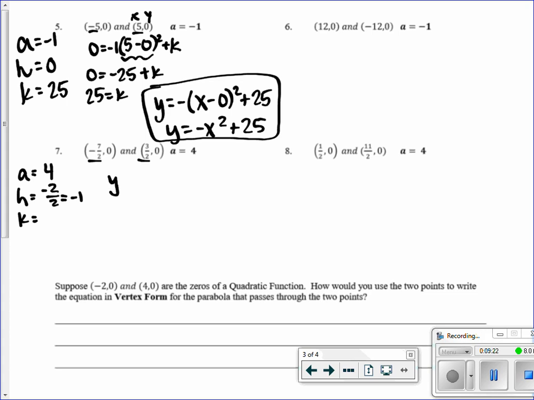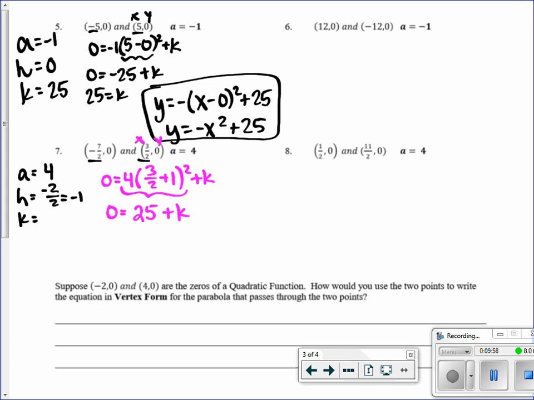So if we pick an X and a Y value, 0 equals 4 times (3/2 plus 1) squared plus K. If you don't trust yourself, all of that part is just one term with all numbers, so that can all just get typed into your calculator as is. 4, parentheses, 3/2 plus 1, close parentheses, and square it, you get 25.